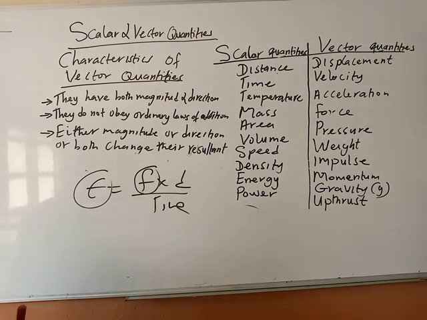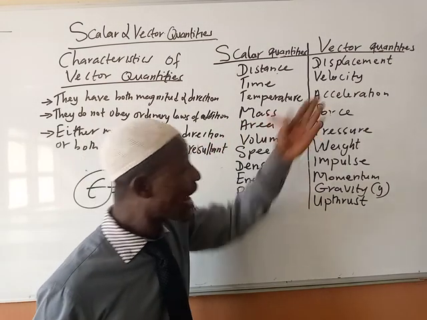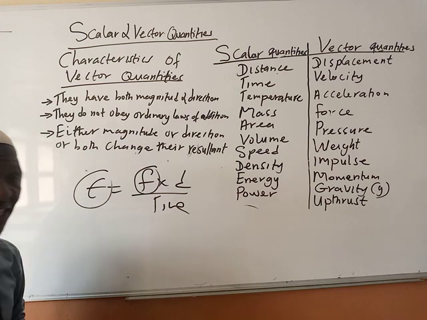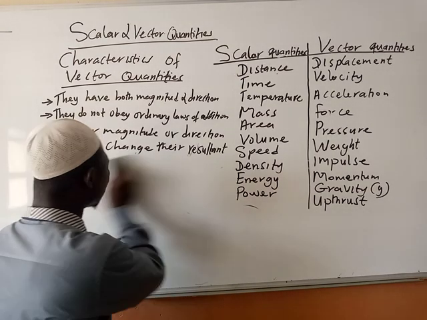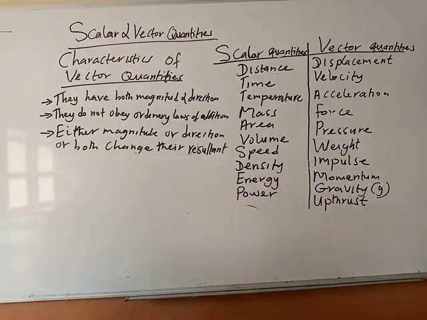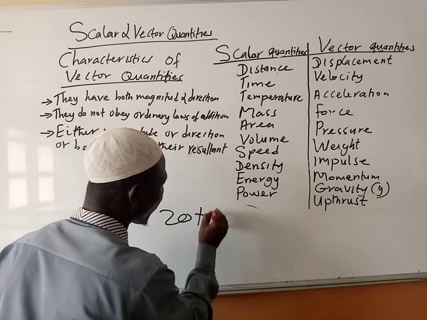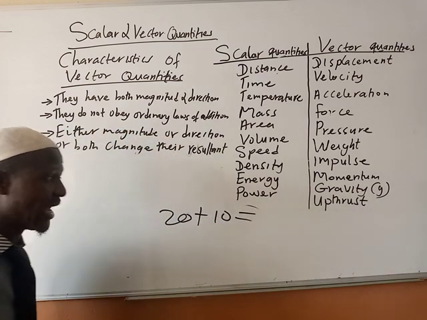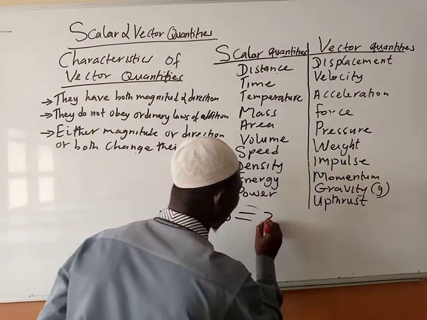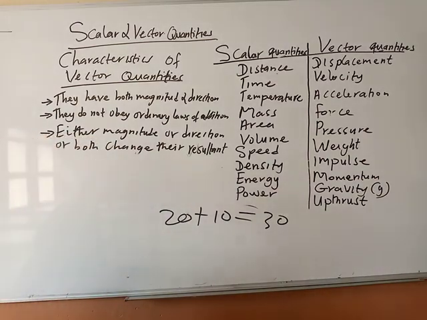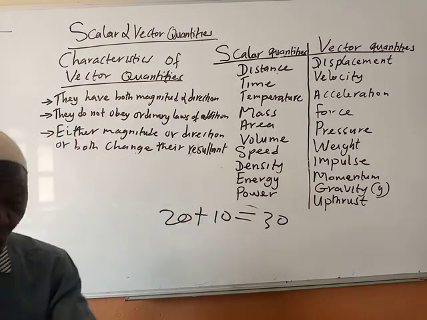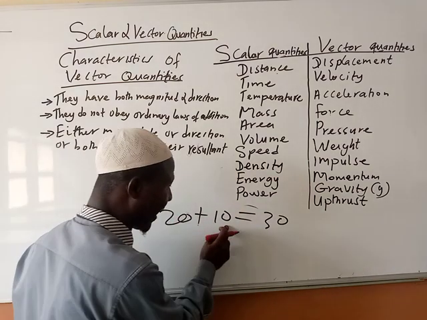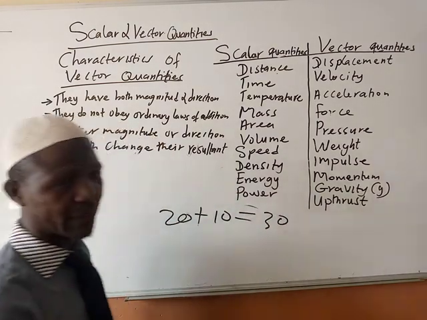Now, this so-called vector quantity has characteristics that we can use to identify them, especially when we are calculating. In the addition of scalar quantity, you can easily add 20 plus 10 together and it will give you 30. That's for scalar. For vector, it's not always that 20 plus 10 will give you 30.